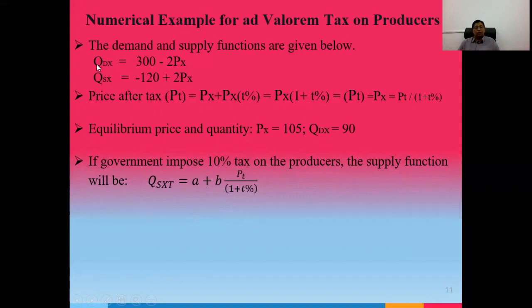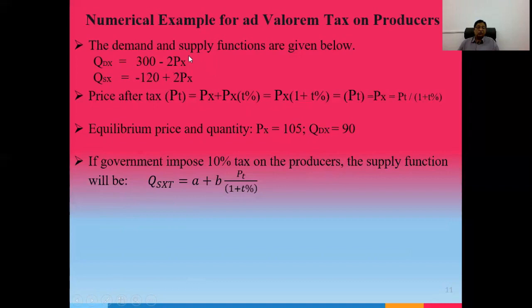According to the given information of demand and supply functions, equilibrium price and equilibrium quantity are given by Px equals 105, QDX equals 90. That is the equilibrium price 105 and equilibrium quantity 90 units.